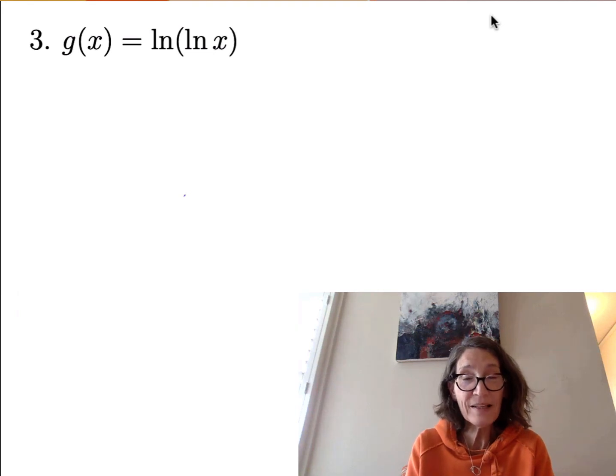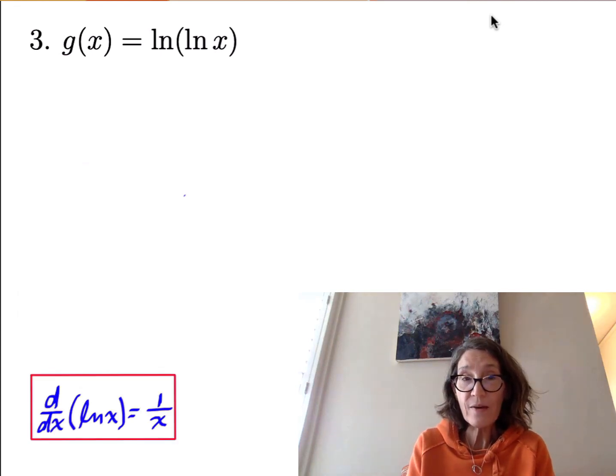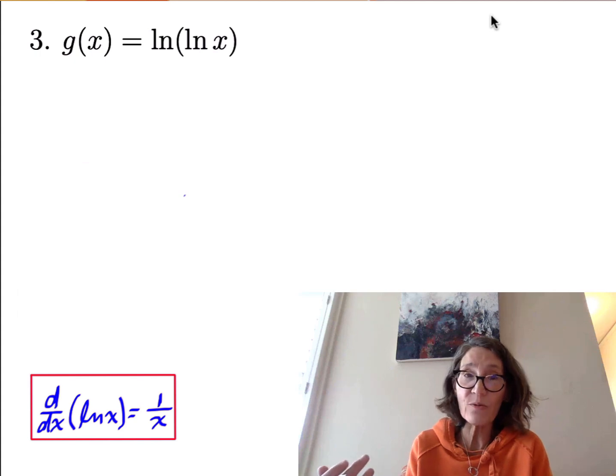In this one, we're differentiating the function g of x equals natural log of the natural log of x. So again, we're going to use our second new differentiation rule. The derivative of the natural log of x is 1 over x. But we have two nested natural log functions, so it's a chain rule again.